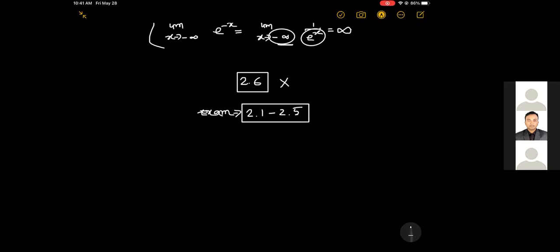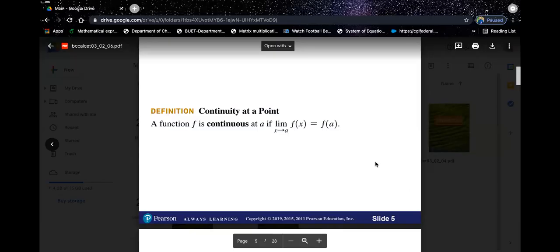Now, let's look at the definition first. I think I should start sharing the slide again. Here you go.